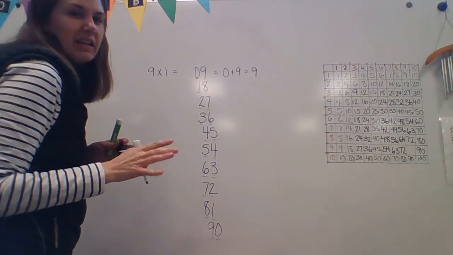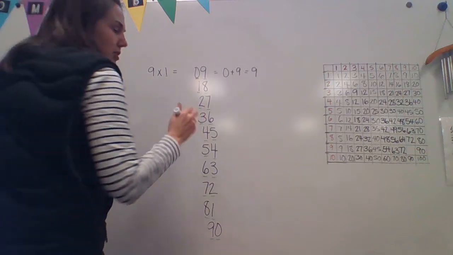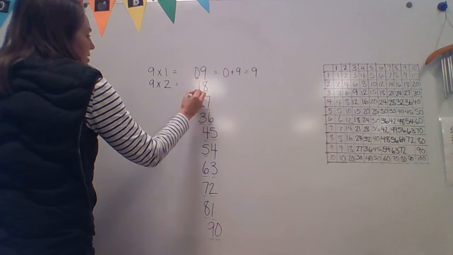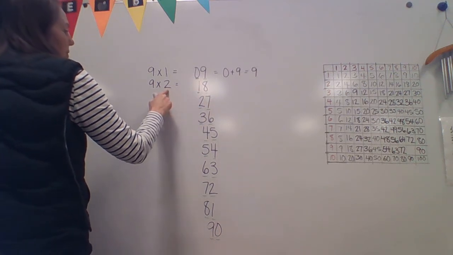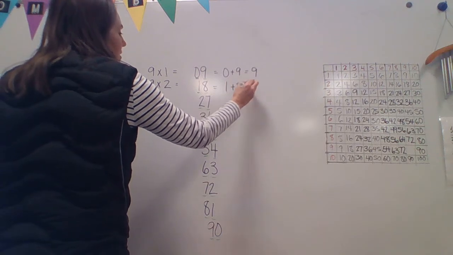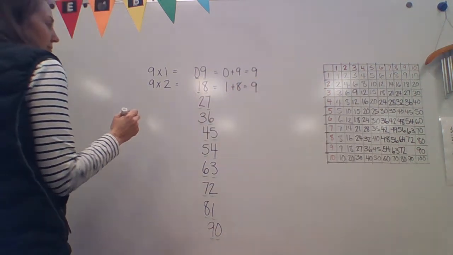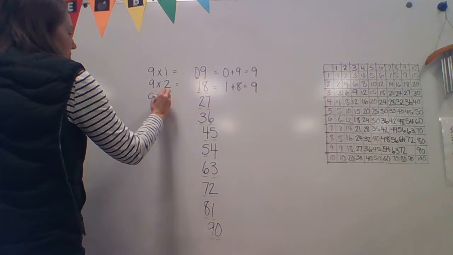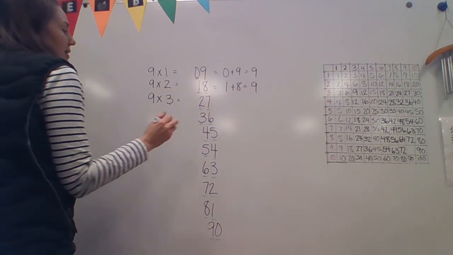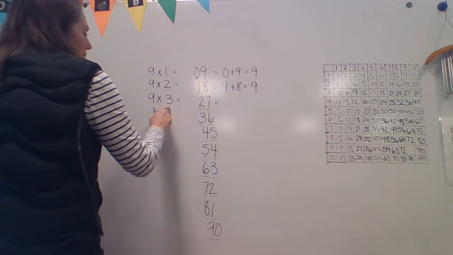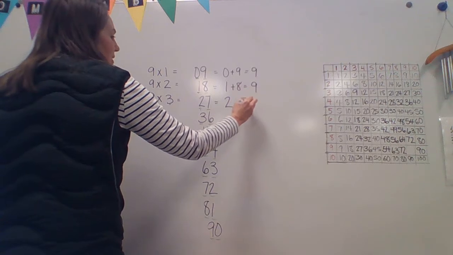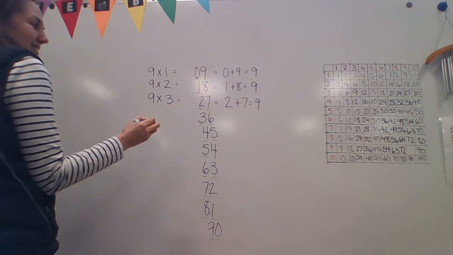Okay, admittedly, that was kind of anticlimactic, but watch the next one. 9 times 2, my tens place is 1 less than the number I'm multiplying by, and I'm going to add 1 plus 8 to get 9. Okay, 9 times 3, my tens place is 1 less than the number I'm multiplying by, my other factor, and 2 plus 7 equals 9.